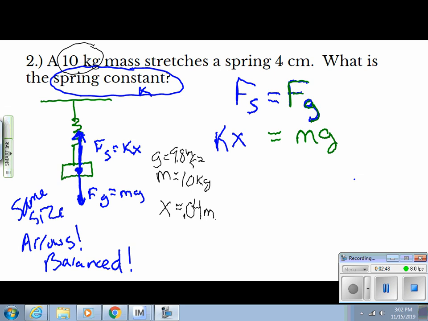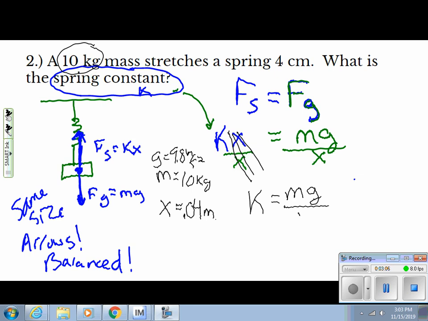Okay, so I've erased the board. Now I have to say I'm solving for the k. So how do I get rid of the k? I have to divide by x on both sides. X's cancel out. And now I can say k is equal to mg divided by x.